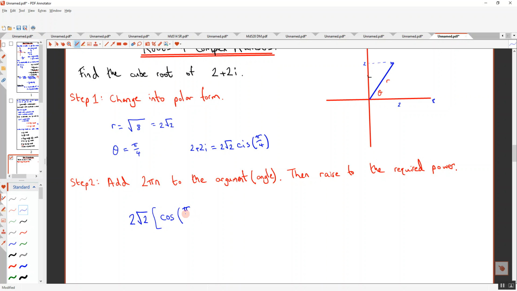So I've got pi over 4, and I'm adding on 2 pi n. Okay? Now, yep, so that's what we've got at the minute.